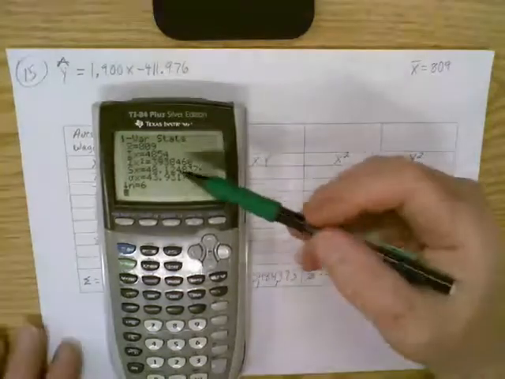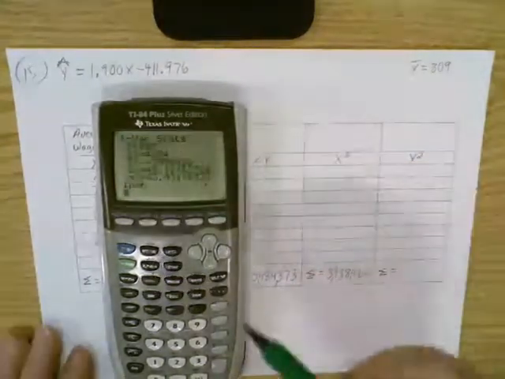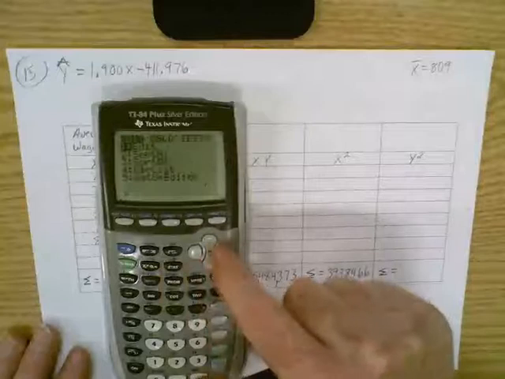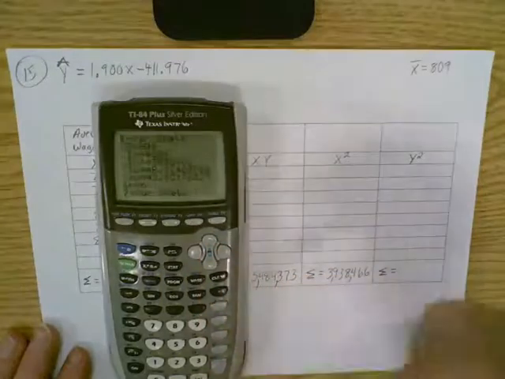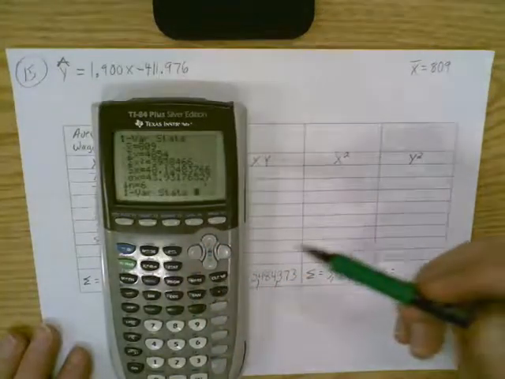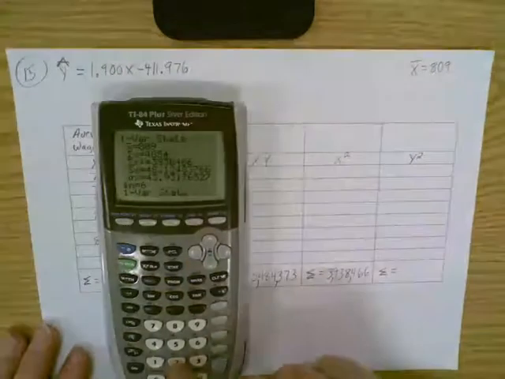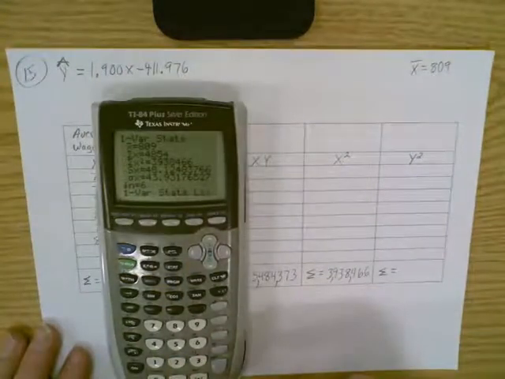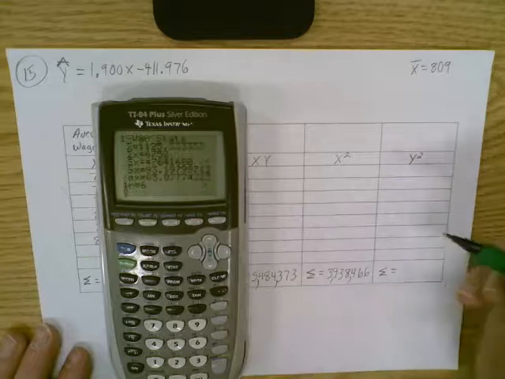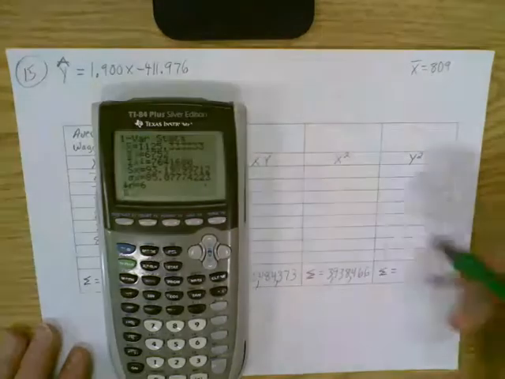So that's all the numbers that we need off of this one. Now we're going to go back in there and hit stat again, calculate 1 variable stats, and this time we want to do our y's instead of our x's. So I'm just going to hit second and then put in list 2. That's where my y's were, and that's going to tell us all the y information we need.